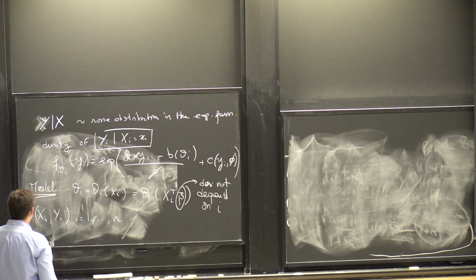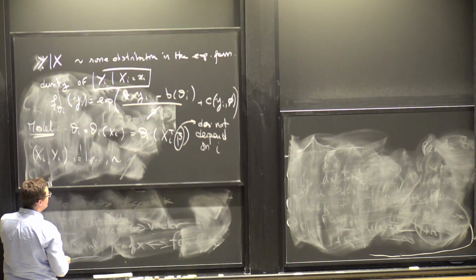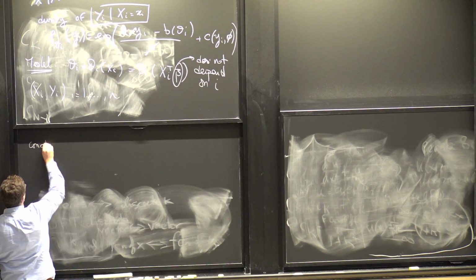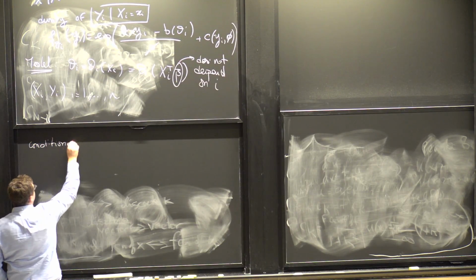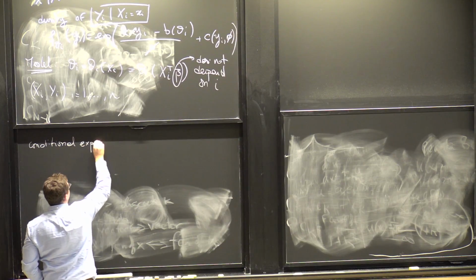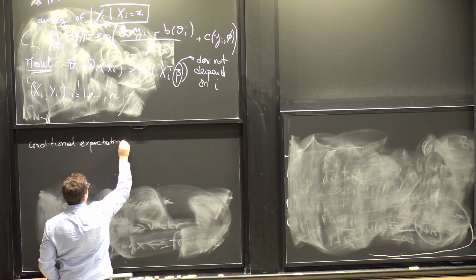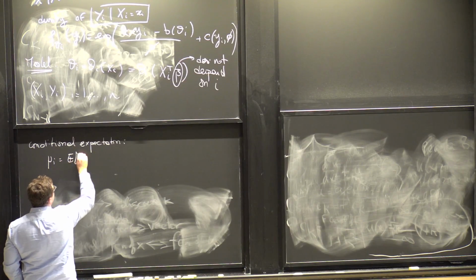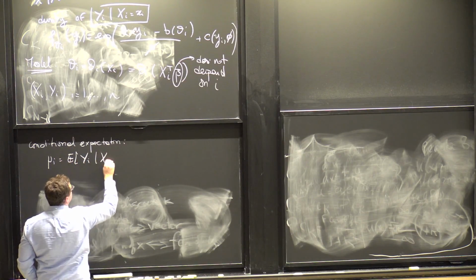And so this conditional expectation, I'm going to call it, say, mu i, which is the conditional expectation of yi given xi equals some little xi, say.